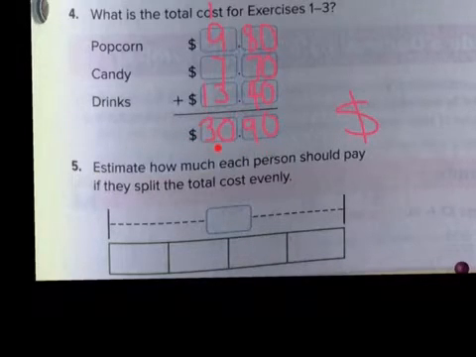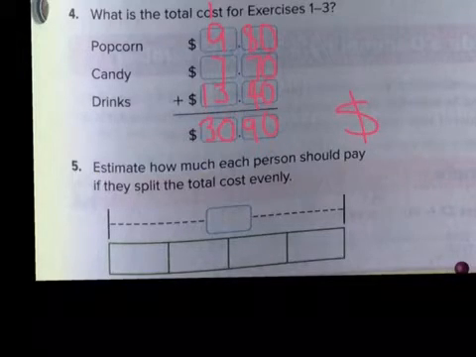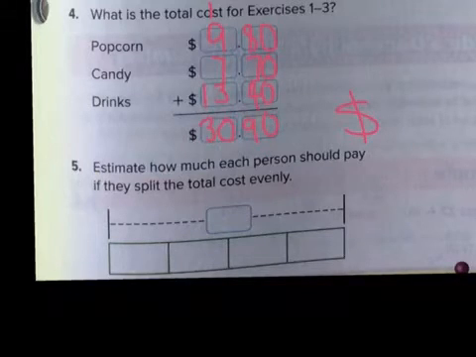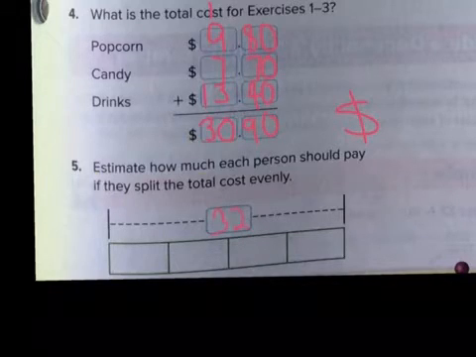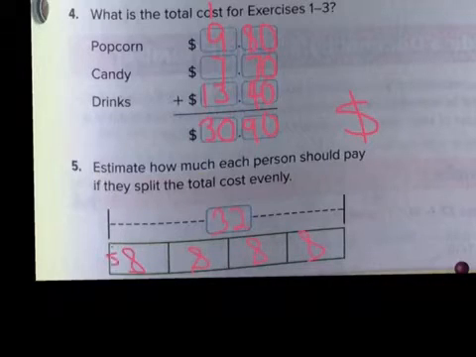Divisible by 4. It's a multiple of 4. Well, 30 is not, but 32 is. If we go up to 32, we know that 4 times 8 is 32, or 32 divided by 4 is 8. So if I make it over here and I write 32, I know each person is going to have to pay $8 each. And there you have it.